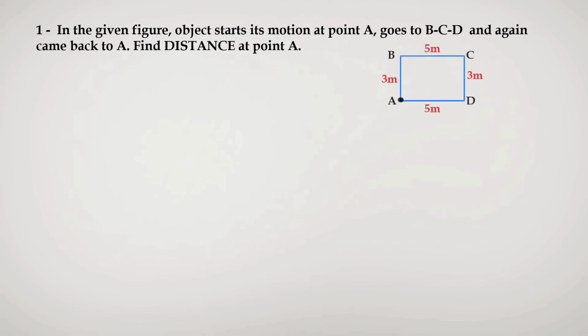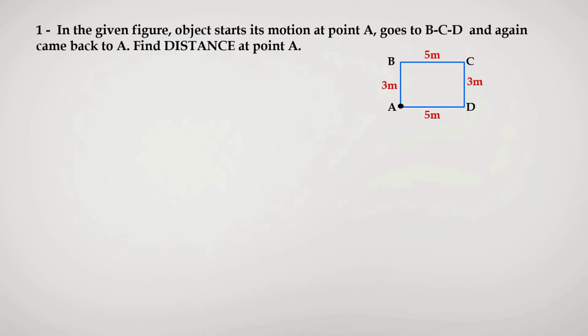Distance and displacement MCQs. Question 1. Distance. In the given figure, the object starts its motion from point A, goes to B, then C, then D, and finally comes back to A. Let us calculate the distance traveled. Distance means the total path covered, irrespective of direction. From the diagram, A to B is equal to 3 meters.